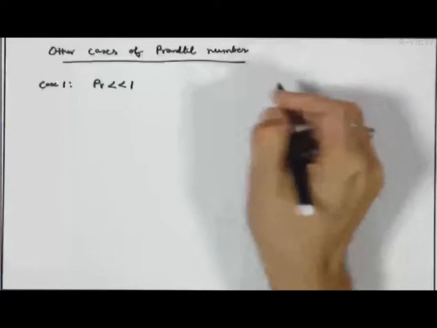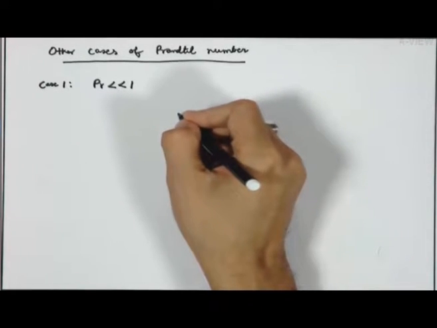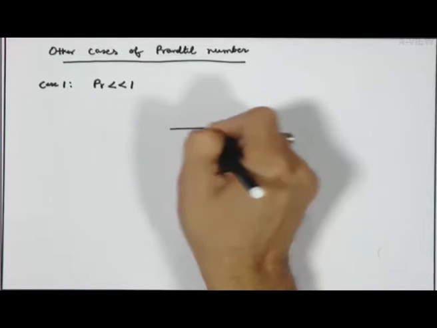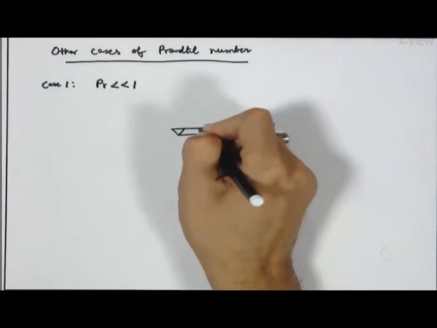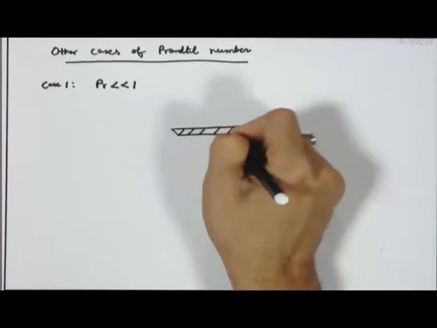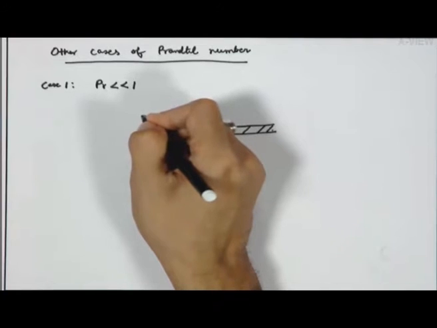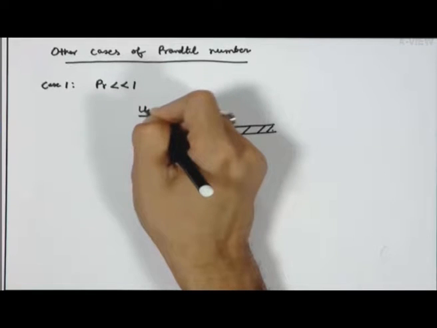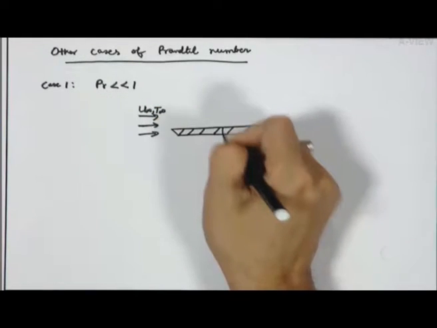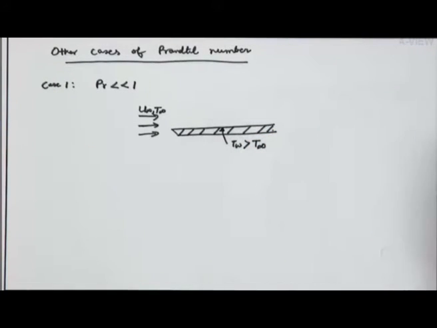So, what is the physical scenario? You have a solid boundary, and fluid is coming from far stream with a velocity u infinity and temperature T infinity. The wall temperature is different from T infinity. As an example, T wall greater than T infinity.